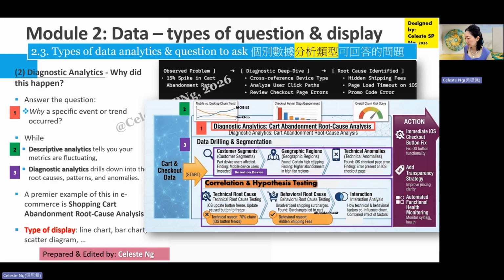And then as part of the further diagnostic analytics, we actually do a so-called interaction analysis. How does the technical issue interact with the hidden shipping fee?